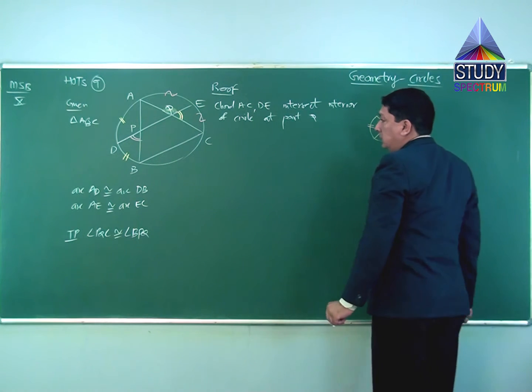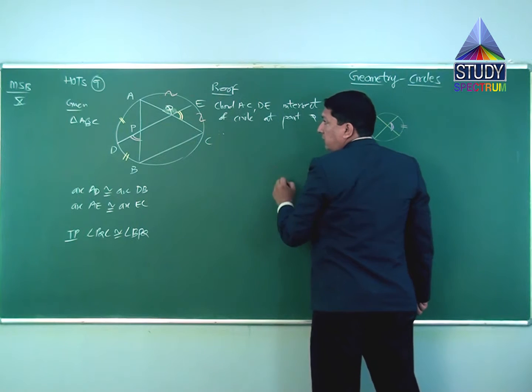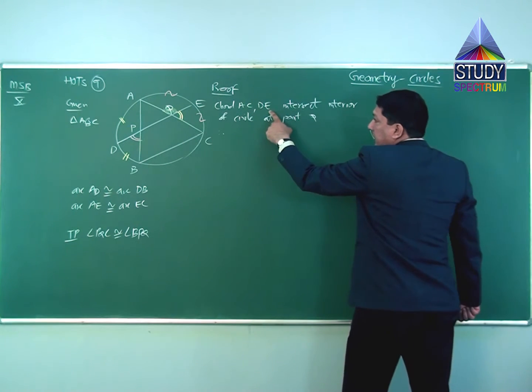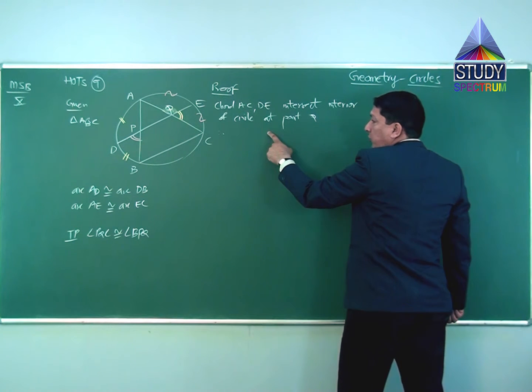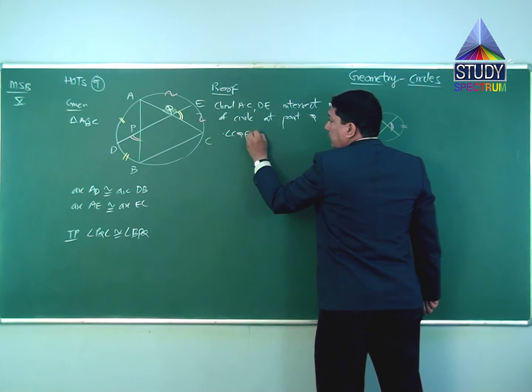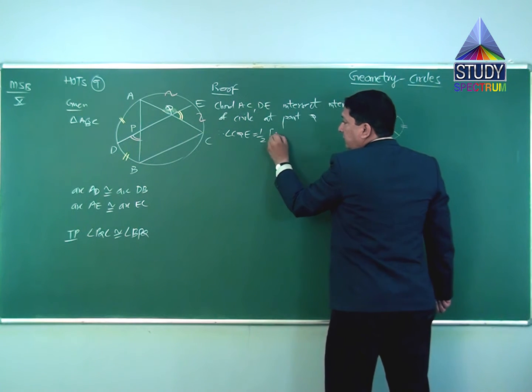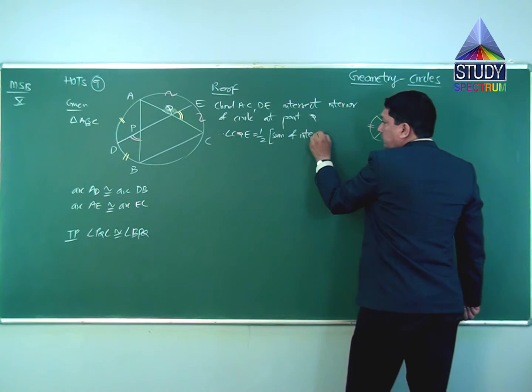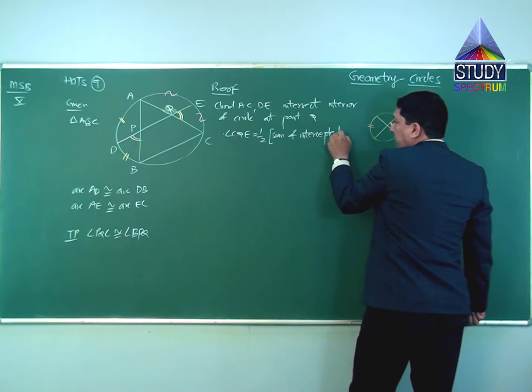Therefore, at point Q, chord AC and chord DE intersect in the circle's interior. Therefore, angle CQE is equal to half the sum of the intercepted arcs. We have done this theorem.